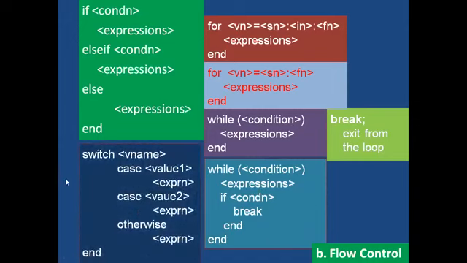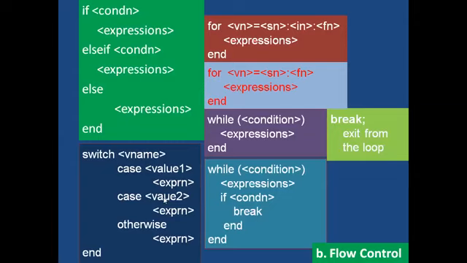And one more flow control statement is switch. It's a reserved keyword, it's a variable name, and it is a value of the variable. If the value of this variable is equal, then it will execute this expression.